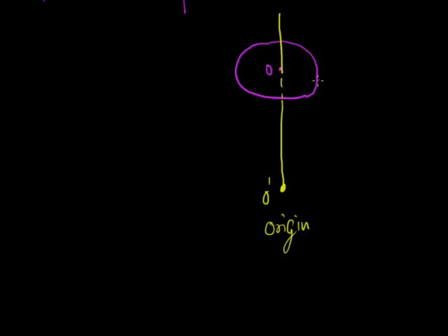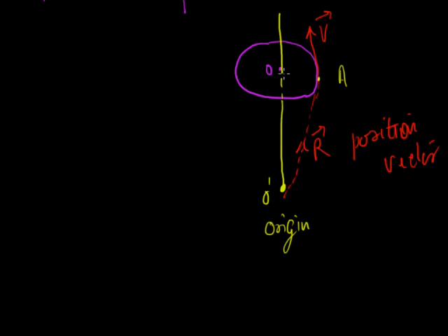At any instant the object at this point A has velocity v along the tangent, the linear velocity. This will be the position vector, capital R. This one is radius r. The direction of omega will be this one because the object is moving anti-clockwise. This one is omega. Suppose the angle between the axis of rotation and the position vector is theta.